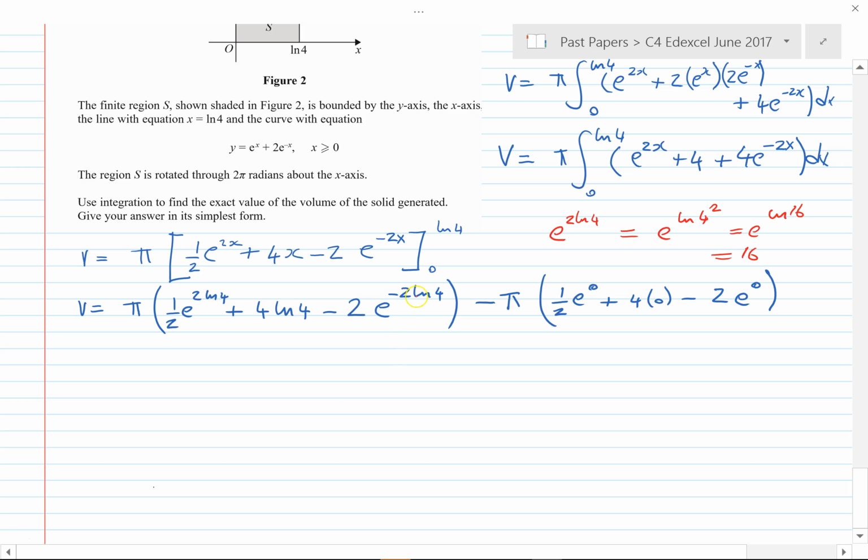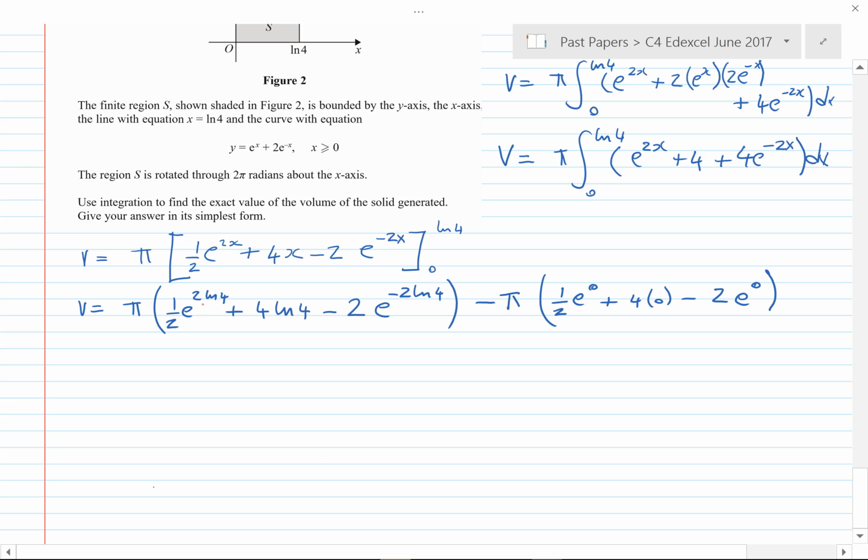Similarly, e to the minus 2 ln 4 is 1 over 16. Those are the kind of things you should really be fine with without using a calculator, because it just makes life a lot quicker. I'm not saying I'd write those down, I'm just trying to explain my thought processes.